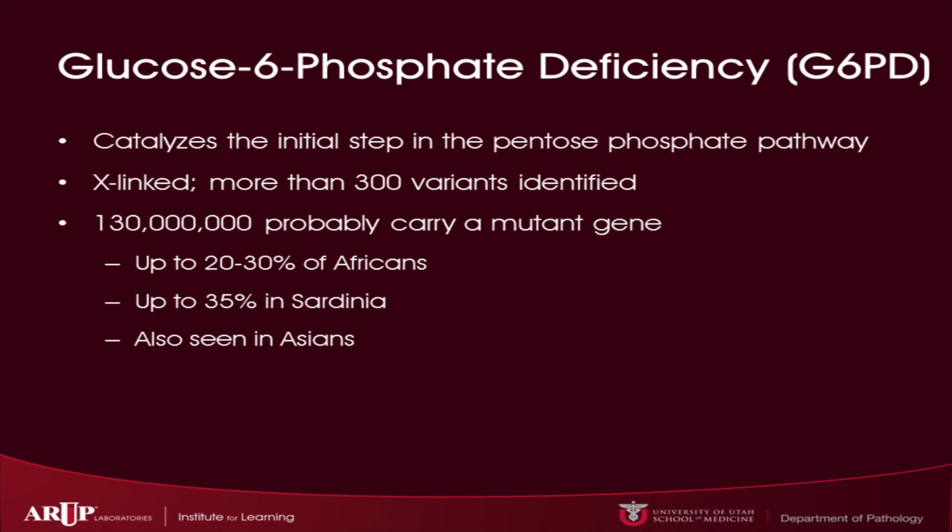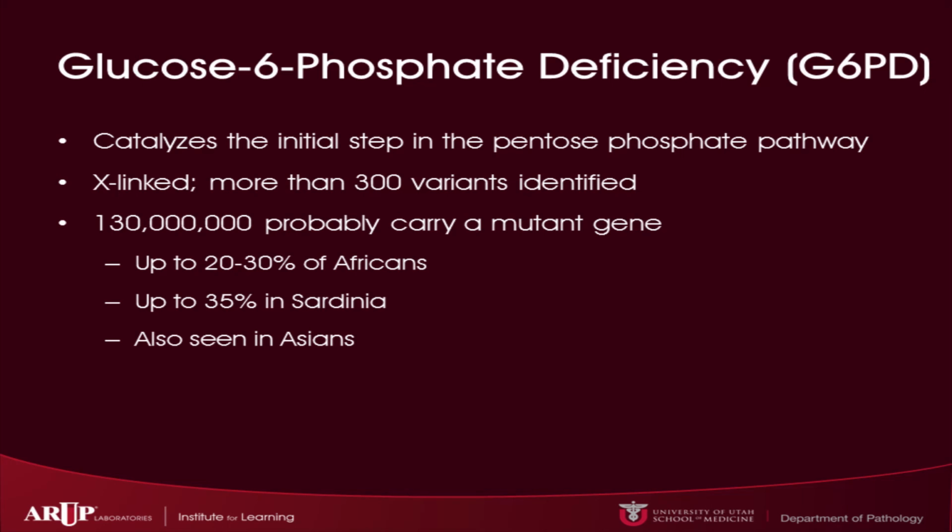G6PD, glucose-6-phosphate dehydrogenase deficiency. I'm just going to touch a little bit on this because this is also one of the commonest causes of hemolytic anemia. This particular enzyme catalyzes the initial step in the pentose phosphate pathway, which is required for energy generation.